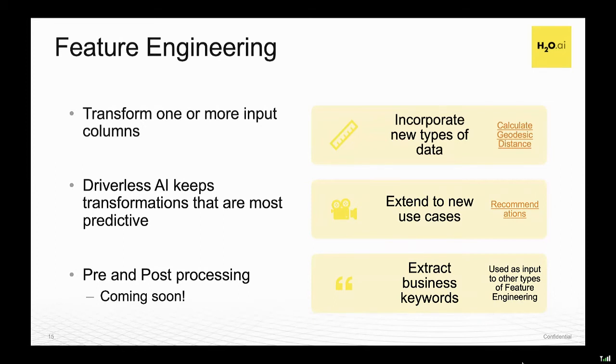Another idea of pre-processing feature engineering we might want to do would be extracting a list of key business words, making new columns that have flags if your domain's most important words were used in text. Those flags could then be used in another feature engineering step. That's how our feature engineering section works.